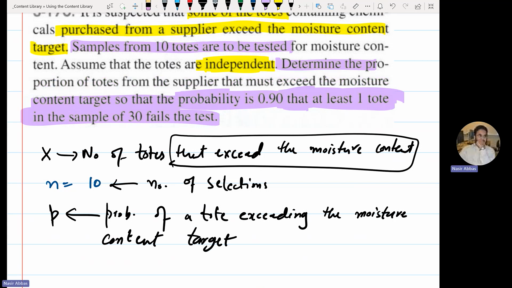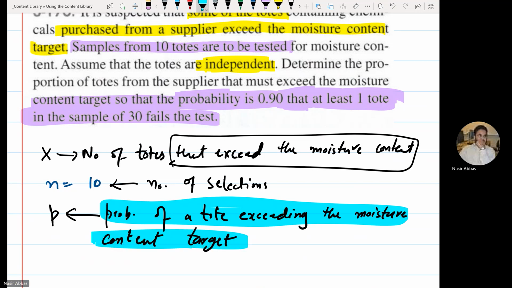Okay, now keep this P definition in mind. Determine the probability of totes that must exceed the moisture content. What is this? The proportion or the probability of totes that exceed the content target is what?